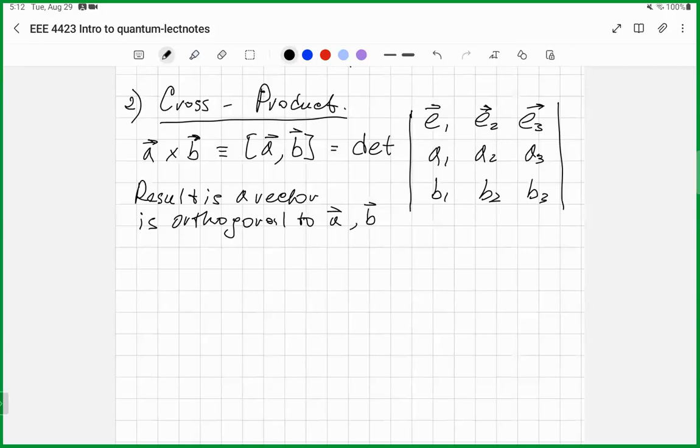So the result is another vector orthogonal to vectors A and B.